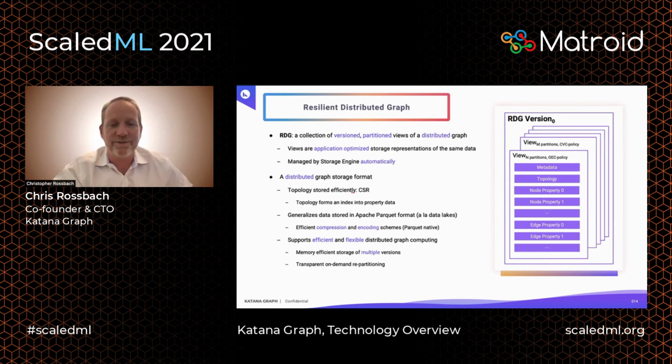But what is different between all of these frameworks and what goes on at Katana is that the partitioning strategy for an RDG will not partition the data into completely disjoint chunks over which we will exercise data parallelism, but rather we'll partition it into overlapping chunks over which we will exercise BSP parallelism that will synchronize across rounds. And I'll get into that when I talk about the execution model a little bit more.